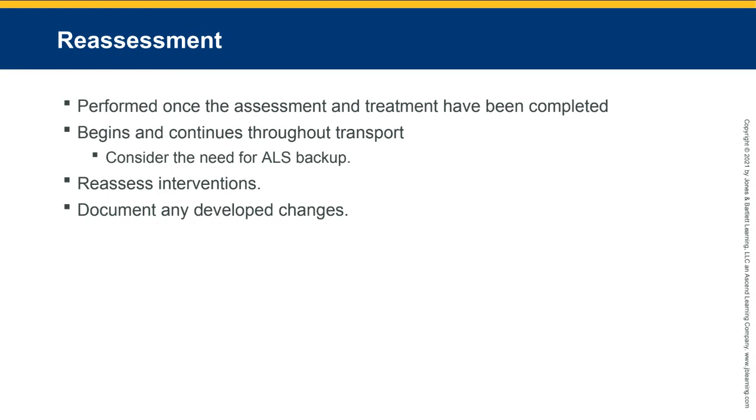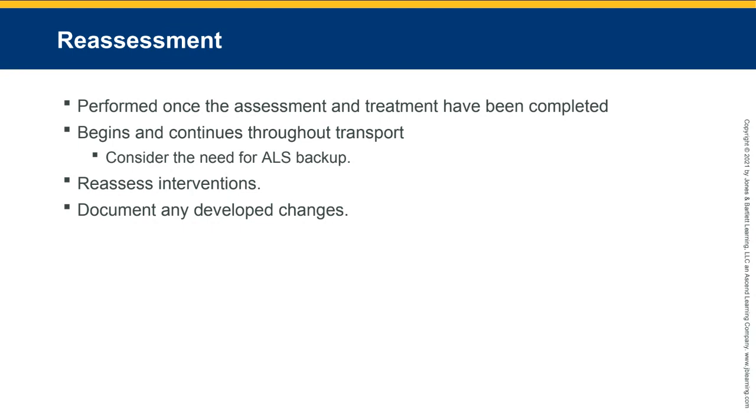Again, the goal is to identify trends. So we need to determine again, is the patient improving? Is the patient getting worse? What do we need to change? What do we need to downgrade? Now, when you have a patient that is critical, ideally, you want 3 sets of vital signs.